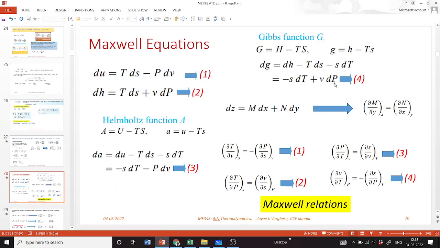Now, from these four relations, and also considering the fact that properties are continuous functions in a single phase process, I mean the changes take place in the same, homogeneous phase, then the properties will be continuous, and for a continuous function dz can be written as M dx plus N dy such that ∂M/∂y at a constant x is equal to ∂N/∂x at a constant y.